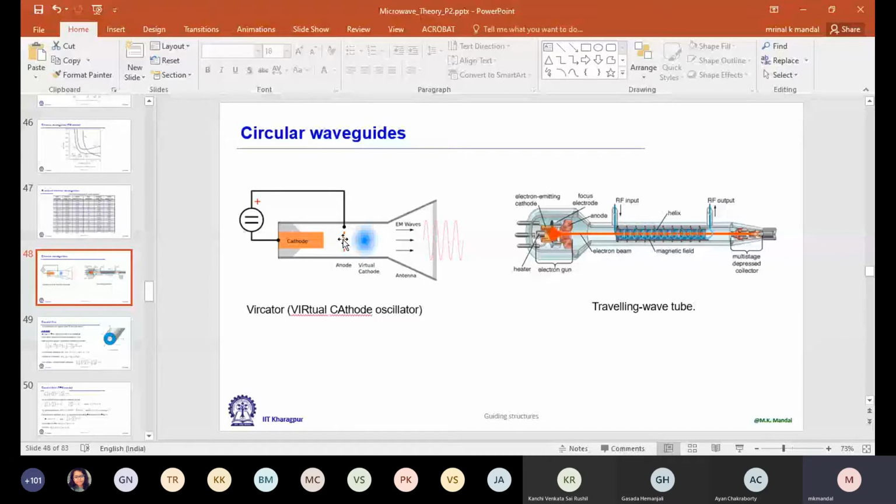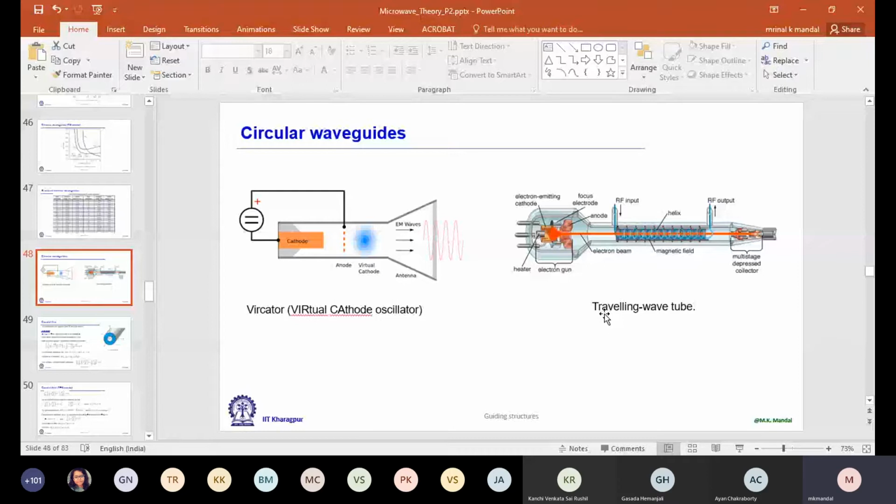The right-hand side is a traveling wave tube. Even in some of the UG books, you will find this, and it is mostly used as a very pure source or low noise amplifier, and some of them are still being used in satellites for kilowatt range applications.